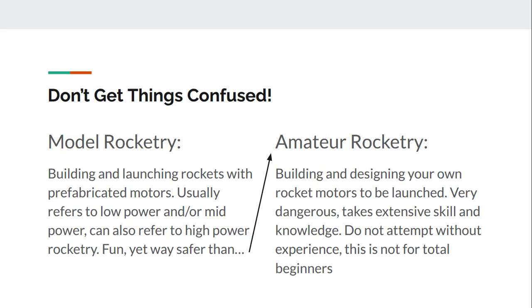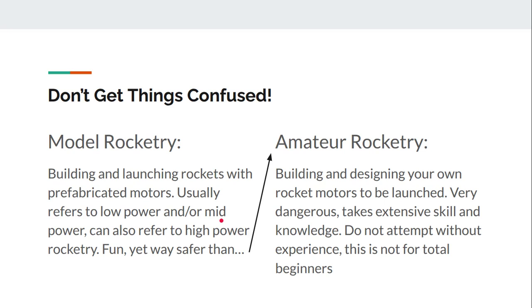So yeah, model rocketry, as you can see, I say low power, mid power, and high power rocketry. If you're completely new to rocketry, you wouldn't really know a lot of the terms I'm going to be talking about in terms of how these three are classified.